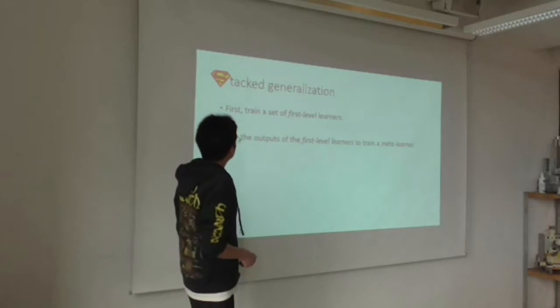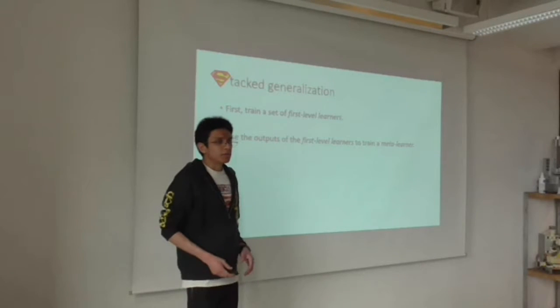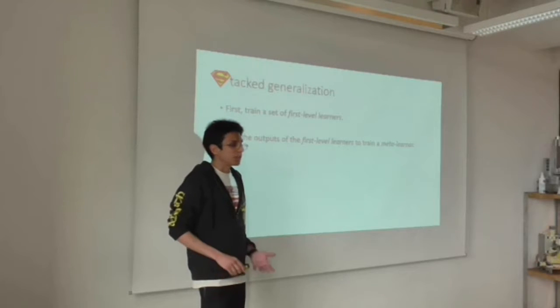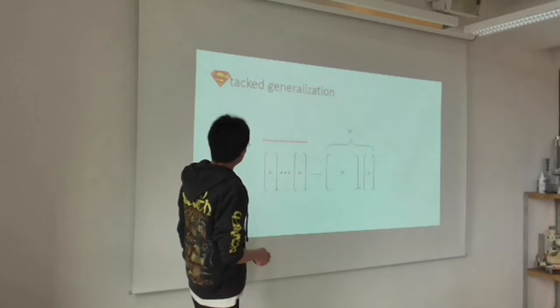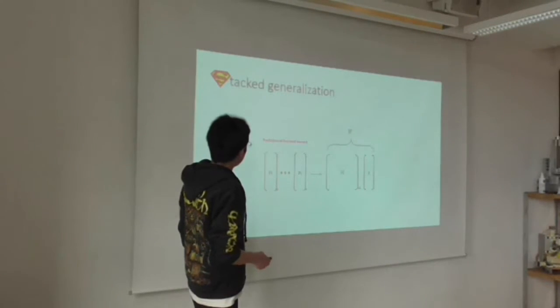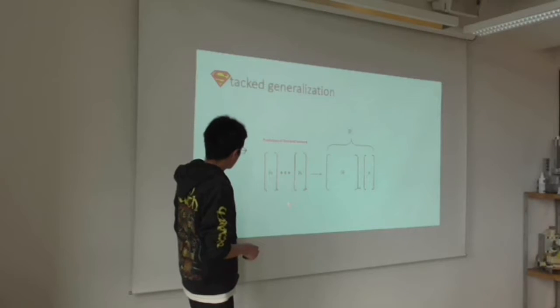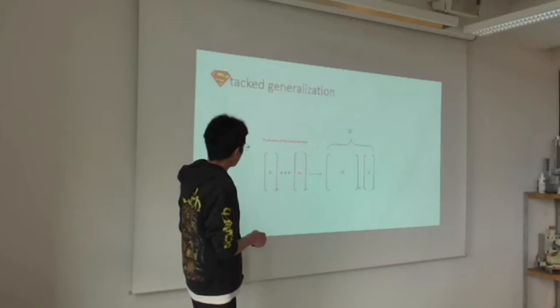And the steps are very simple. You just train a set of first-level learners, and then you use the outputs of the first-level learners to train another learner, which is usually called the meta-learner. So graphically, this is how the procedure looks. You have n data points in your training dataset, and you have L different learners.